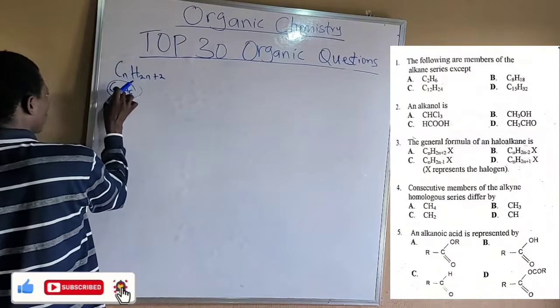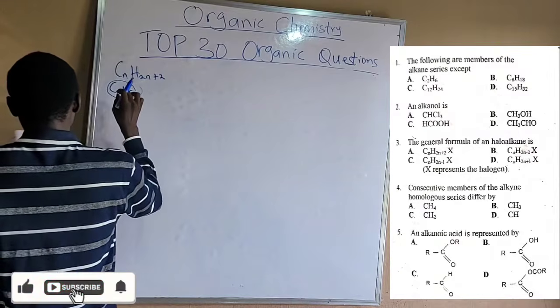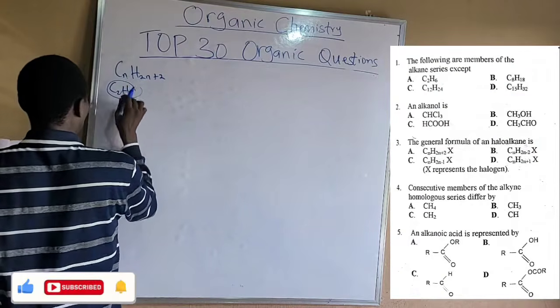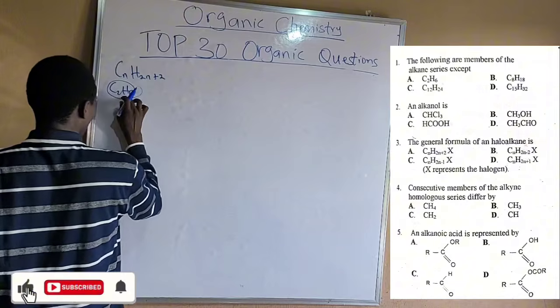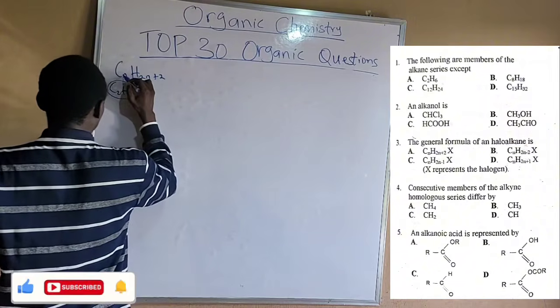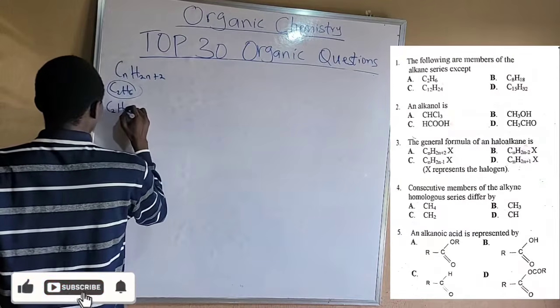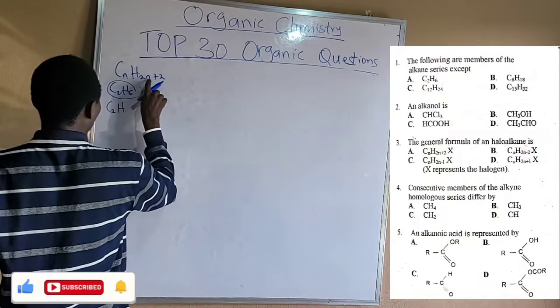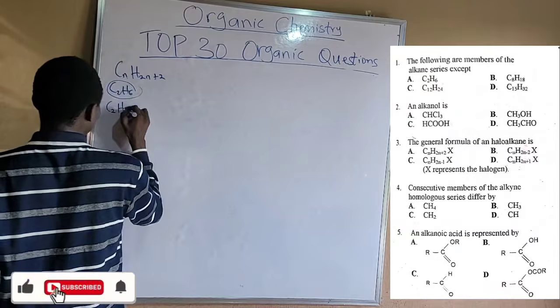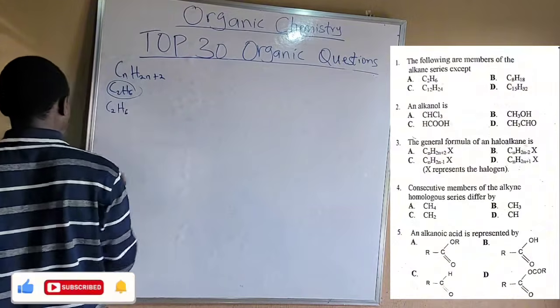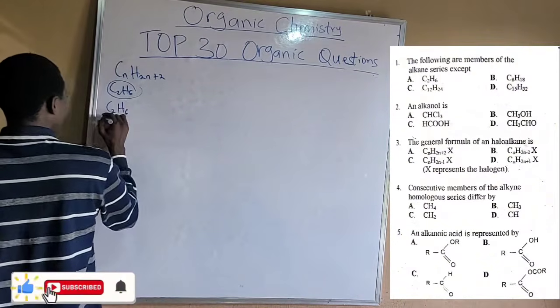But if you substitute your n and you do not arrive at this, this means that it is wrong. So suppose our n is equal to 2. We have C2H, 2 times 2 will be 4, plus 2. That will be 6. You still arrive at this. This is a member of alkane. Let's try the second one.